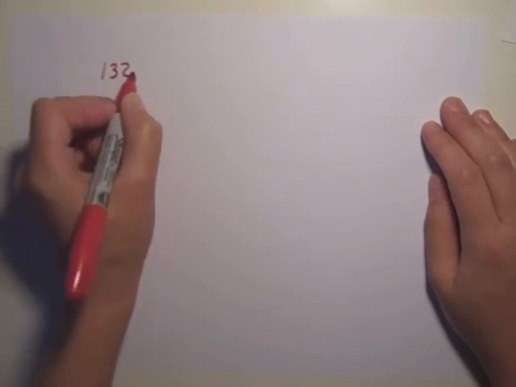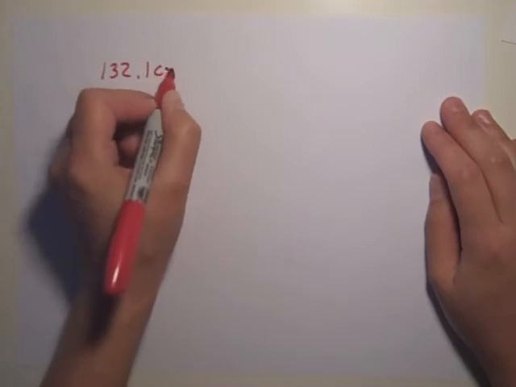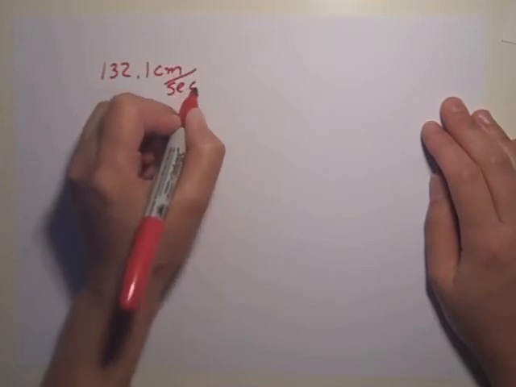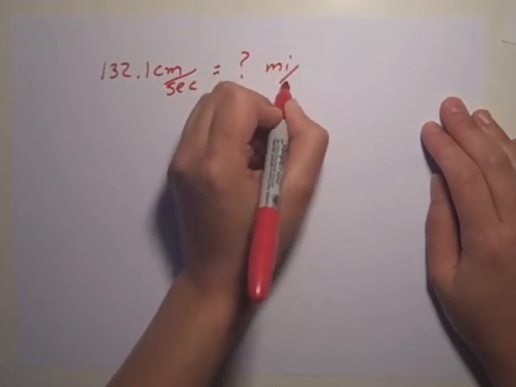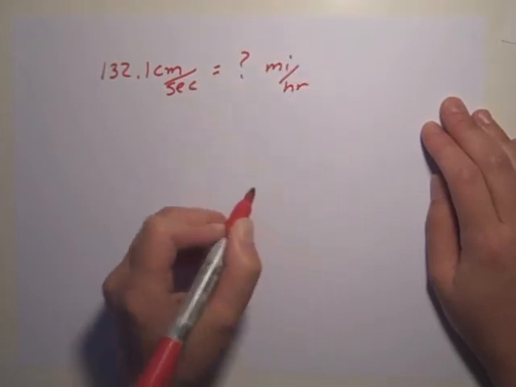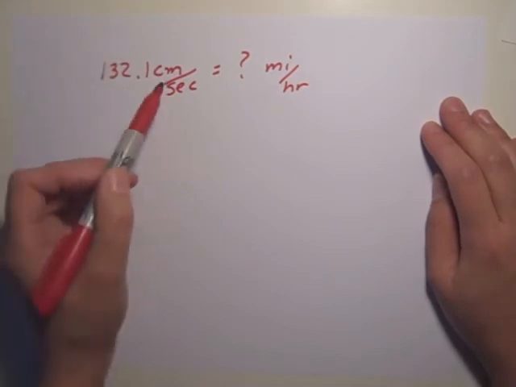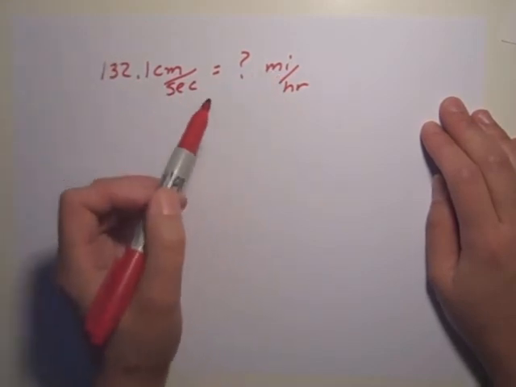So let's say we have 132.1 centimeters per second. And we want to know how many miles per hour that is. We have 2 conversions here, centimeters into miles and seconds into hours.